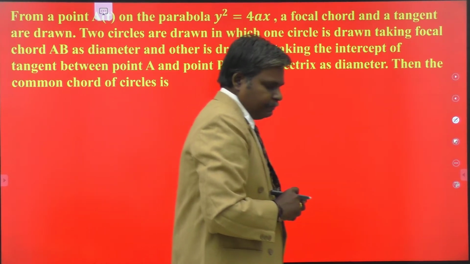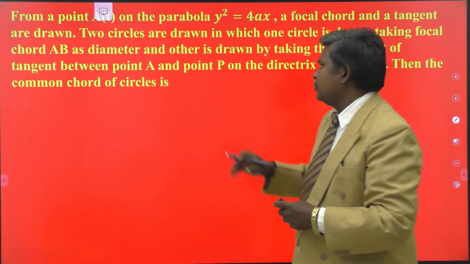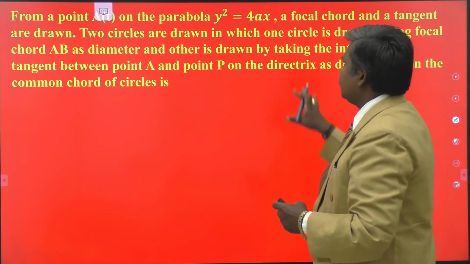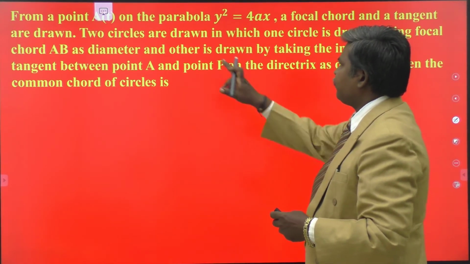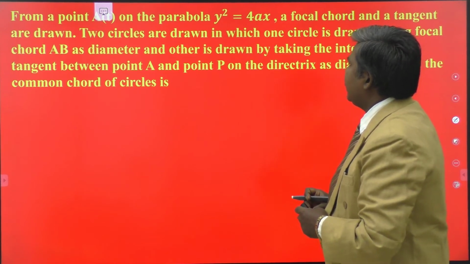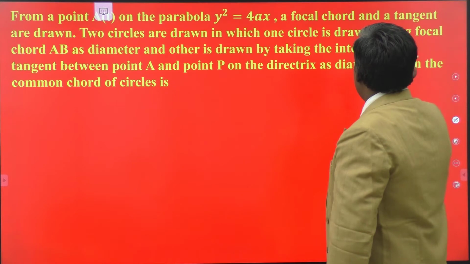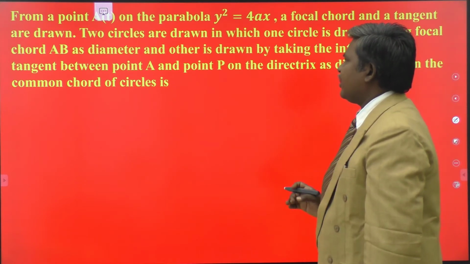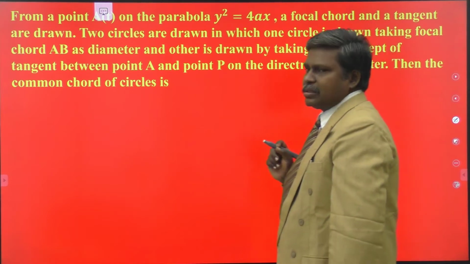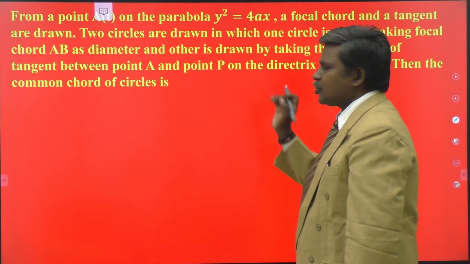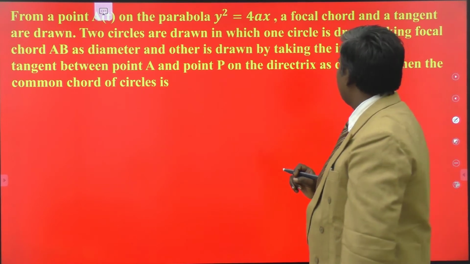See this question. It is very easy for you, but the question is lengthy. From a point A(t) on the parabola y square equal to 4ax, a focal chord and a tangent are drawn. So P is the point on the parabola. Its coordinates are (at square, 2at).